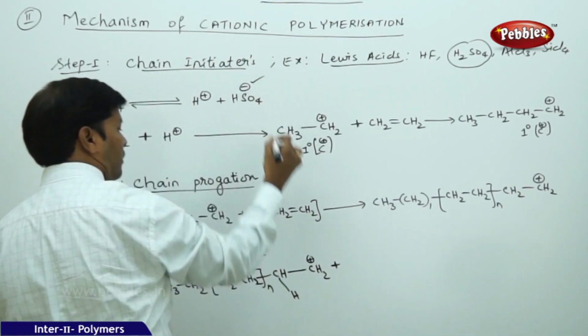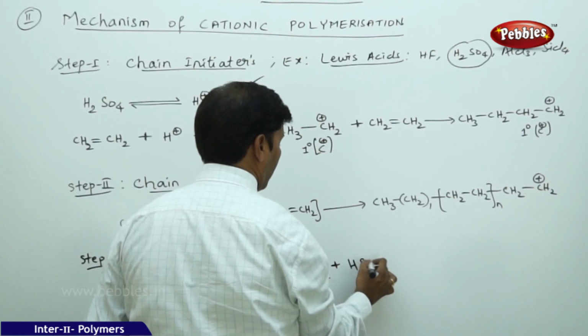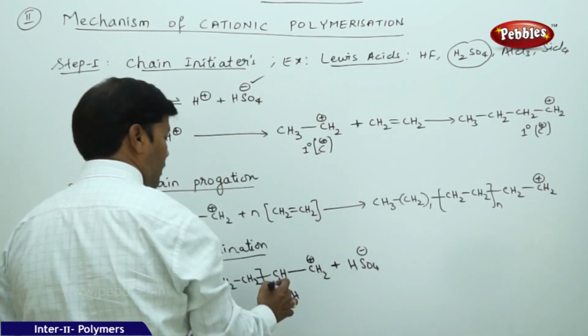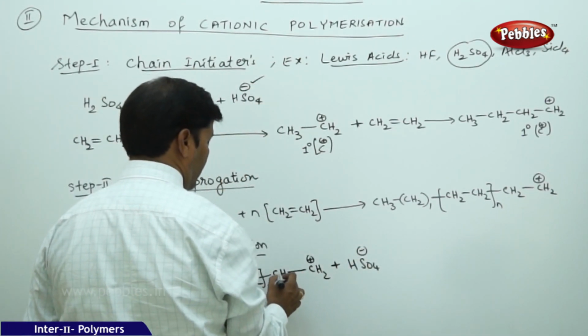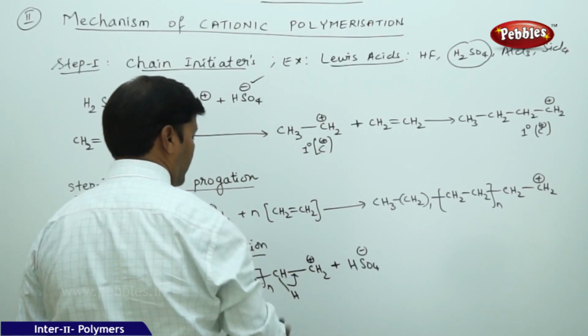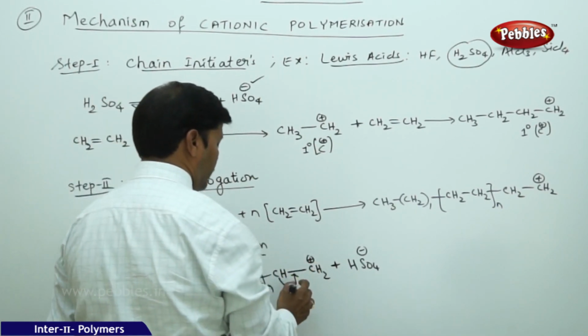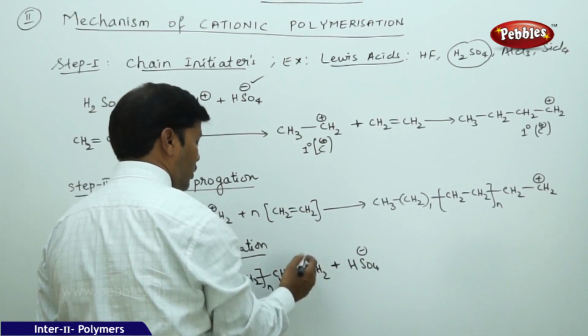And now you can use bisulfate ion. Take the bisulfate ion, and between the CH and H, one of the bonds will migrate towards the CH of CH2, and this proton gets separated by taking away the positive charge.